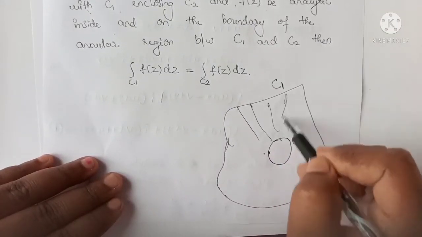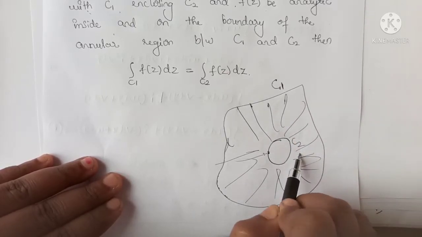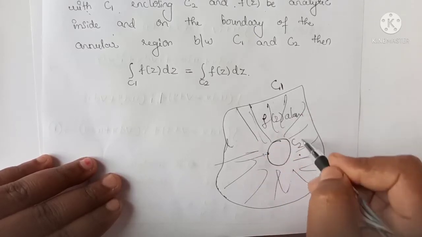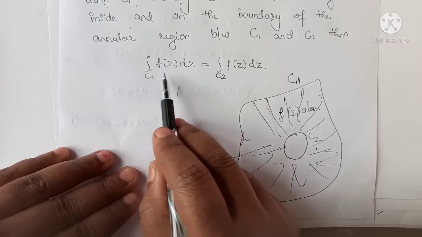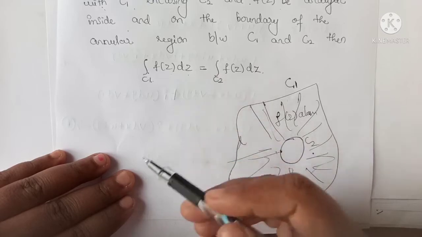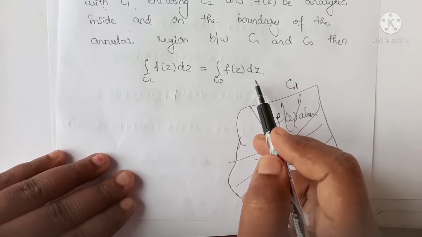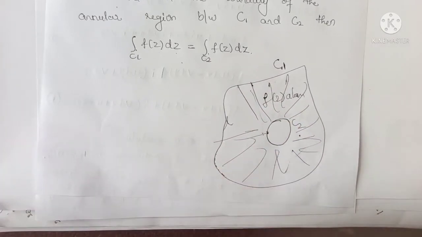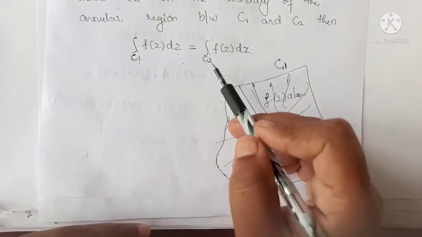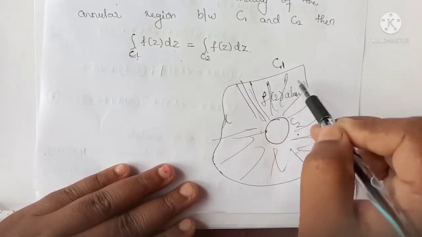Now, if f(z) is analytic in this region from c1 to c2, then the integral along c1 of f(z) dz equals the integral along c2 of f(z) dz.